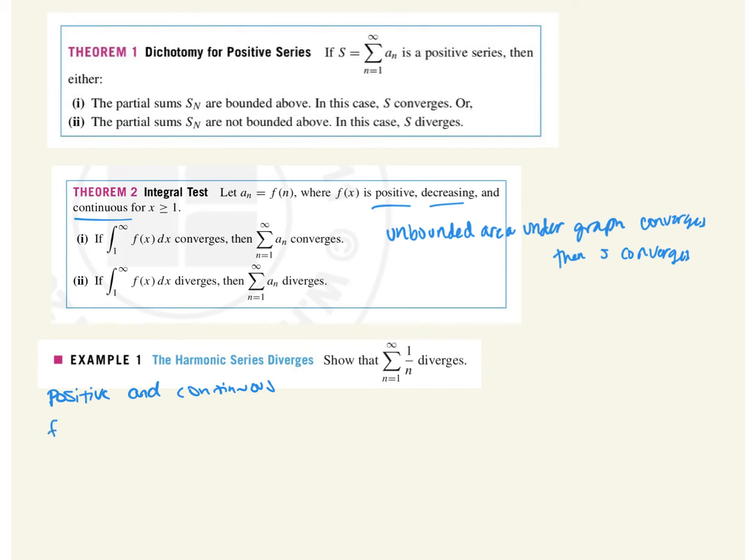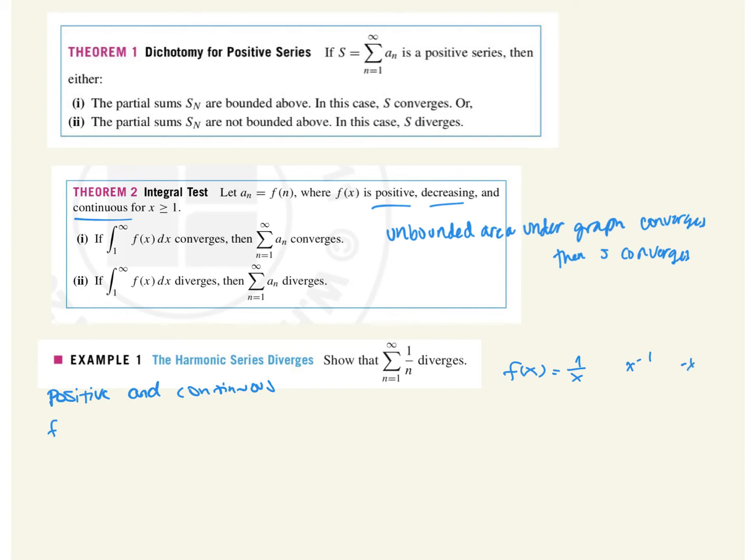So f prime, if f of x is equal to, oh, I'm sorry, I was jumping ahead. I was looking at example 2, but it's the same idea. f of x is equal to 1 over x, which is x to the negative 1. So I can differentiate it without the quotient rule.